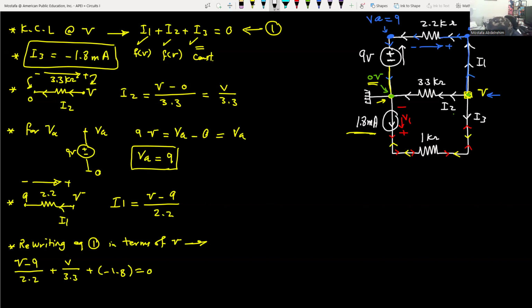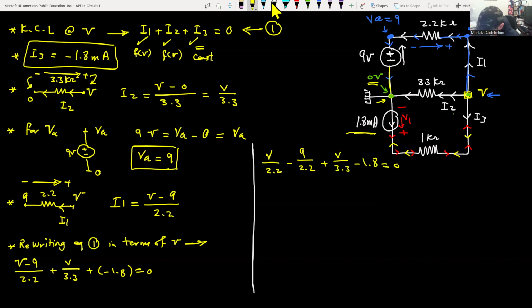Very good. Now let's continue. So V over 2.2 minus 9 over 2.2 plus V divided by 3.3 minus 1.8 equal to 0.